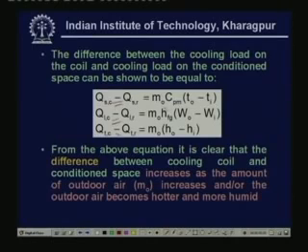You find that it is proportional to the amount of outdoor air added, and it is also proportional to the temperature difference or humidity ratio difference or enthalpy difference. So from the above equation it is clear that the difference between the cooling coil and conditioned space loads increases as the amount of outdoor air increases. As MO increases, this difference also increases, or as the outdoor air becomes hotter and more humid.